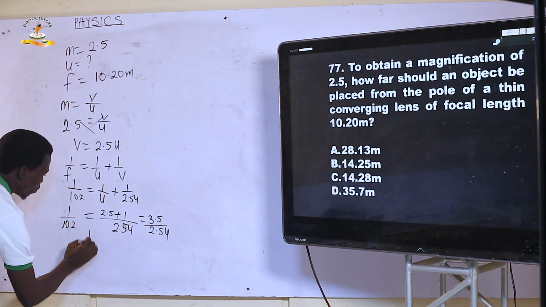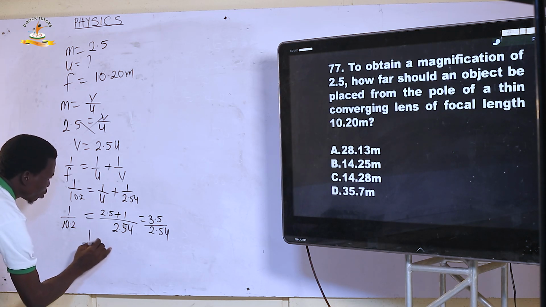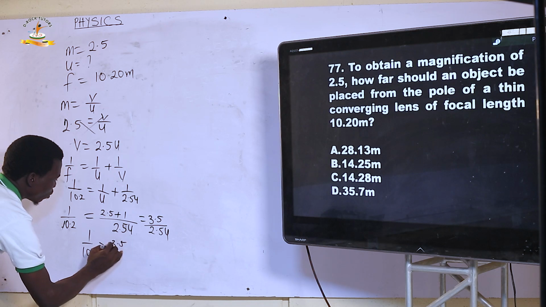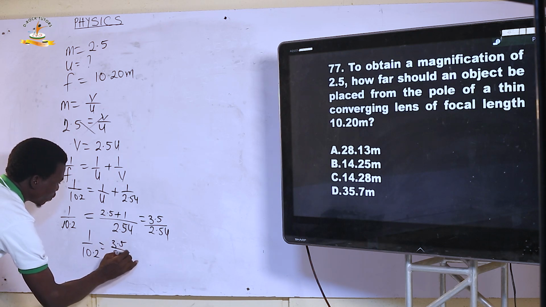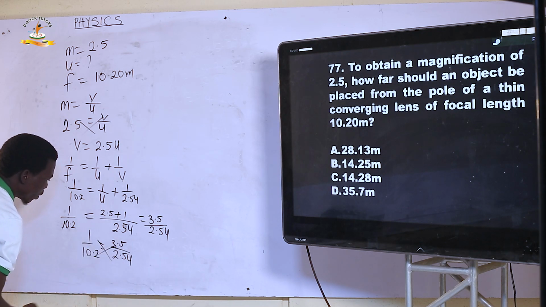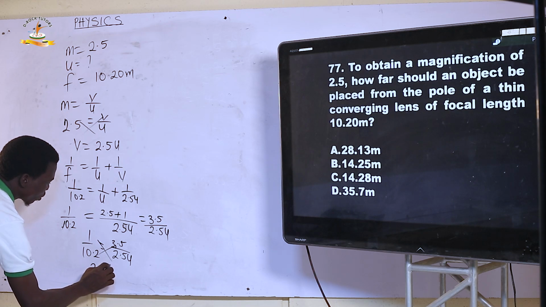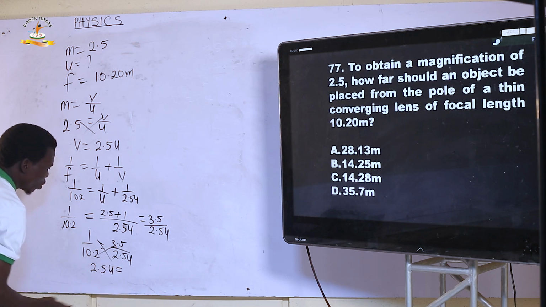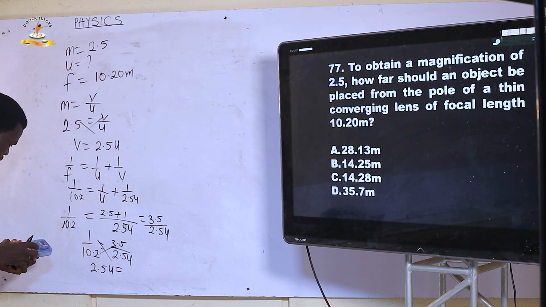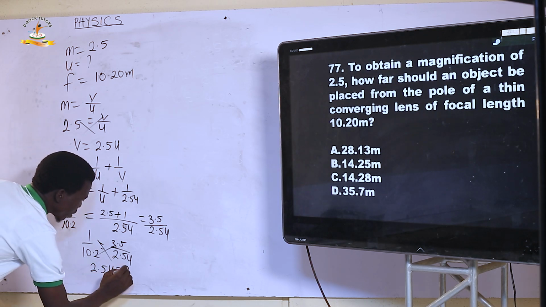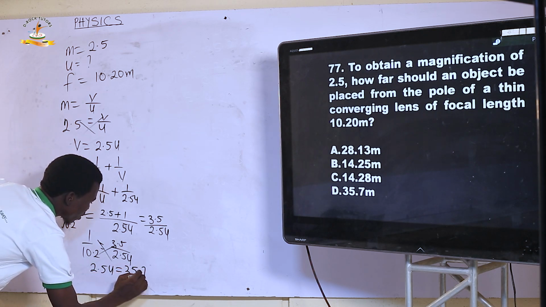So 1 over 10.2 equals 3.5 over 2.5u. We cross multiply. So 2.5u equals 3 times 3.5 times 10.2, and we have 35.7.